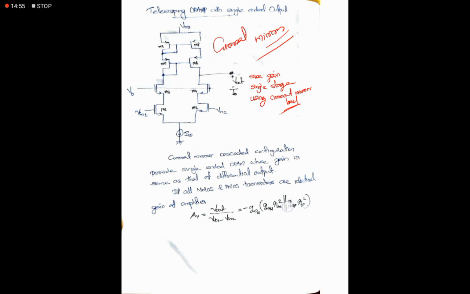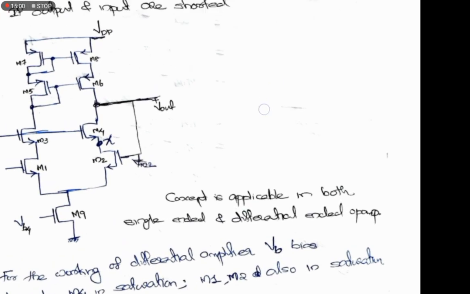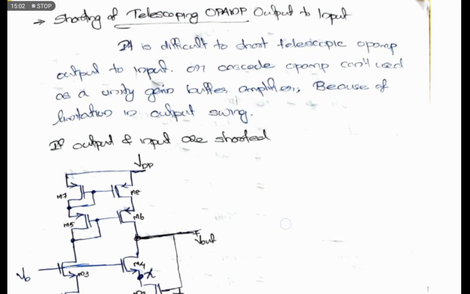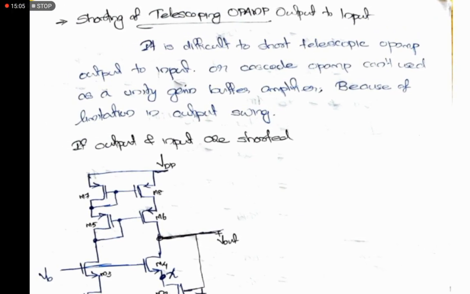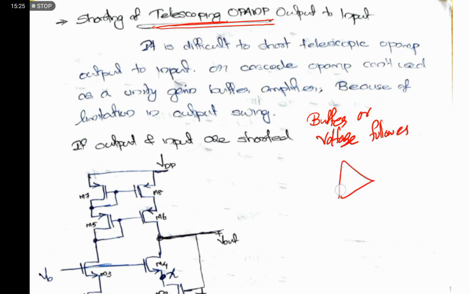It's enough, I think. And next one is, what's the drawback of this telescopic cascoded configuration? The one main drawback of this telescopic cascoded OPAMP is that we can't create a buffer or voltage follower. In a voltage follower, if we consider the structure, Vin is there, minus, we connect like this, right?